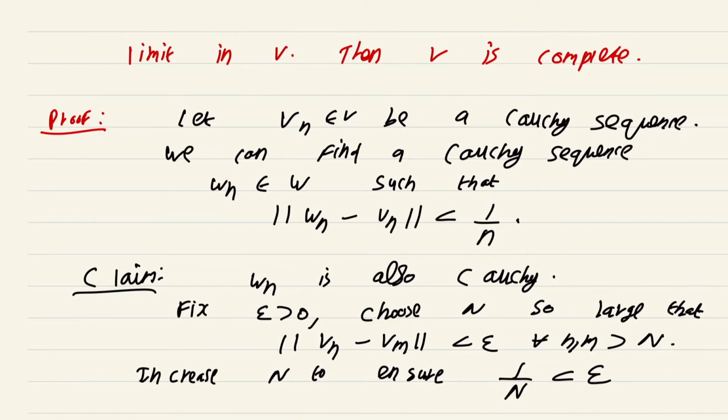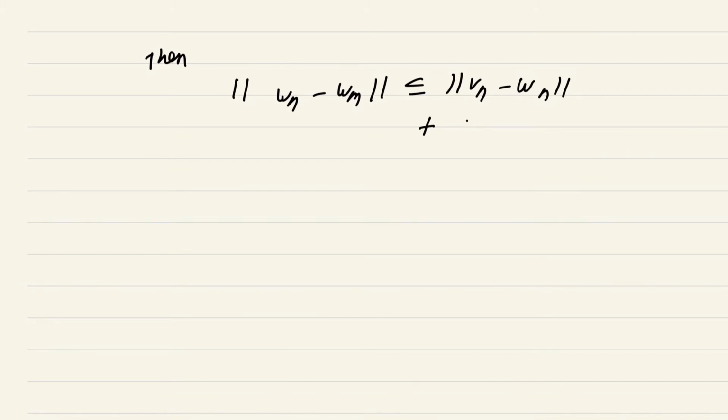Okay. Then observe that norm Wn minus Wm is, by the triangle inequality, less than norm Vn minus Wn plus norm Vm minus Wm plus norm Vn minus Vm.